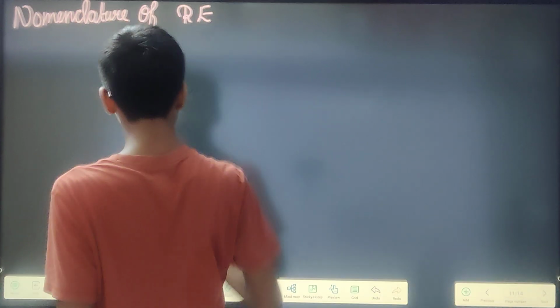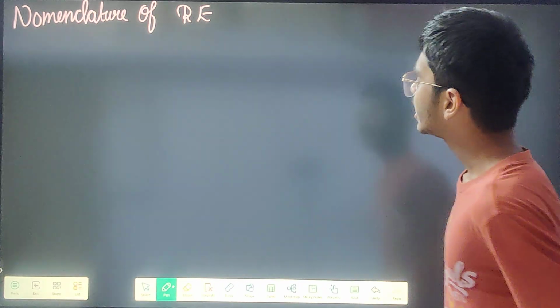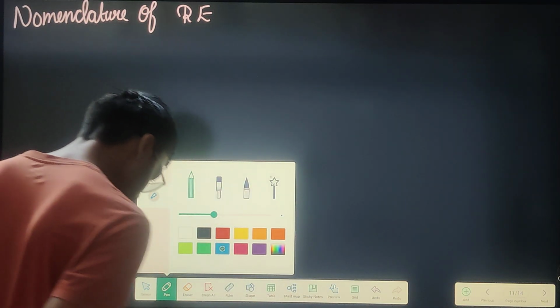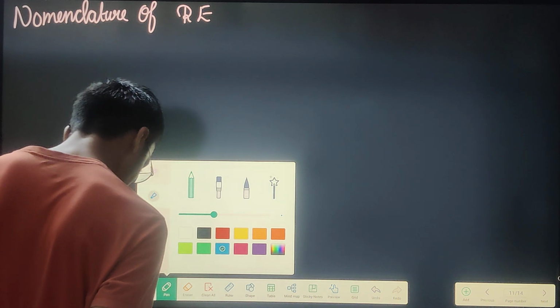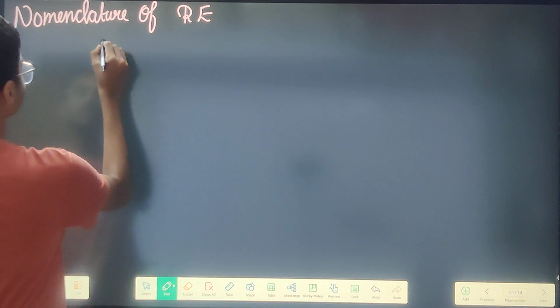And as soon as possible I will also be putting up nomenclature for inorganic chemistry and organic chemistry, which is very important by the way. Nomenclature of RE is actually very simple. You just take the case of EcoR1, which is a very famous example. That is what we have seen.